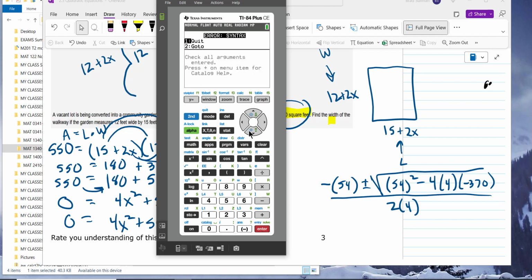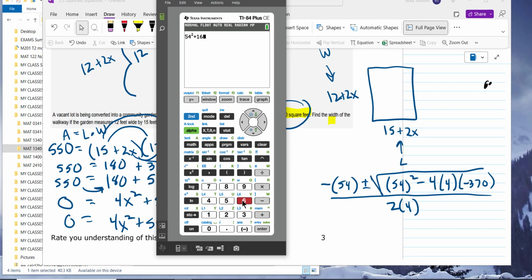And I don't know what I did. If that ever happens, you can go to the go-to like this, and it'll tell you where your mistake is. Okay, you see what I did? I typed an extra symbol. So what I'm going to do is go 54 to the second, plus, and then 4 times 4 is 16.